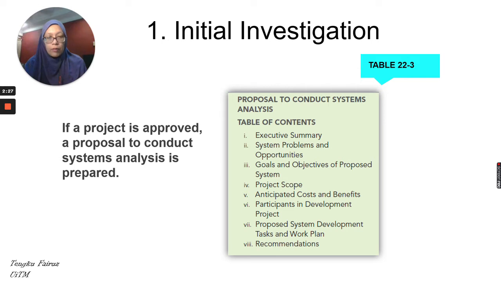Under this table of contents, the proposal to conduct system analysis should include the system problems and opportunities, goals and objective of the proposed system, the project scope, anticipated cost and benefit, who are the participants in the development project, and also they will propose the system development task and the work plan.